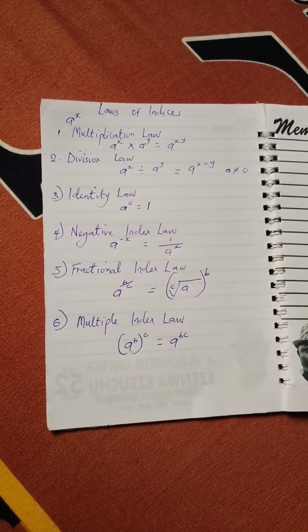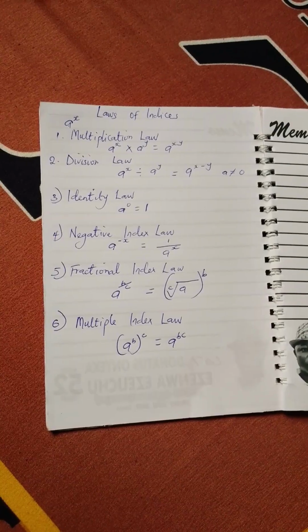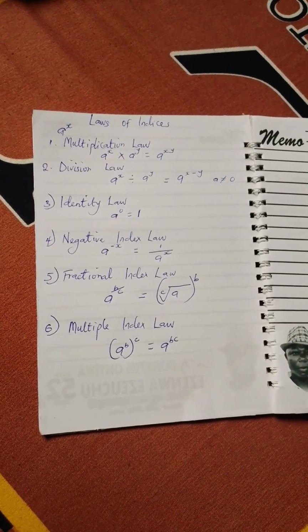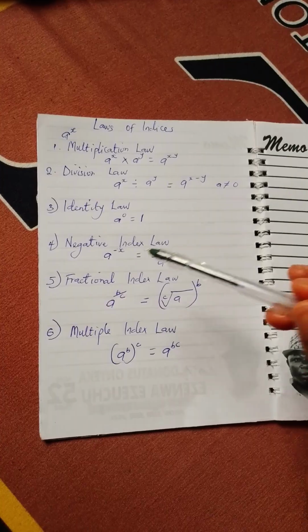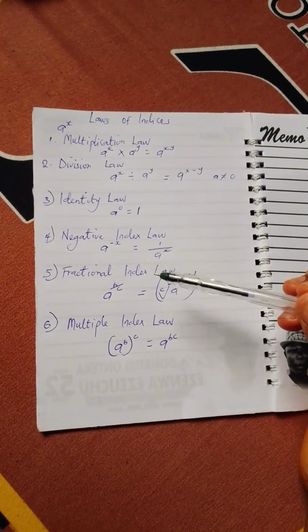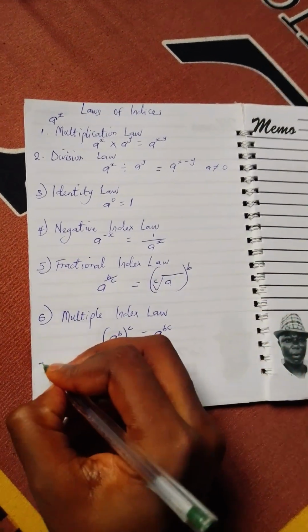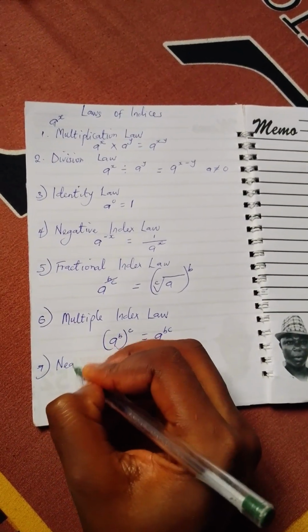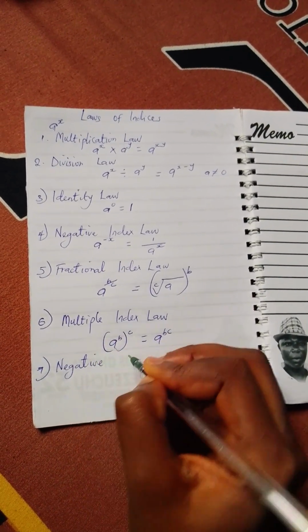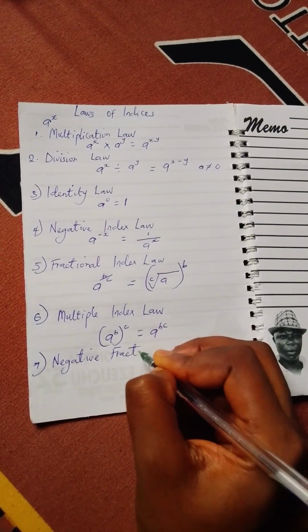So the next law of indices we have is the negative fractional index law. Now, this negative fractional index law is simply a combination of the negative index law and the fractional index law. So this law, let me write it down, negative fractional index law.